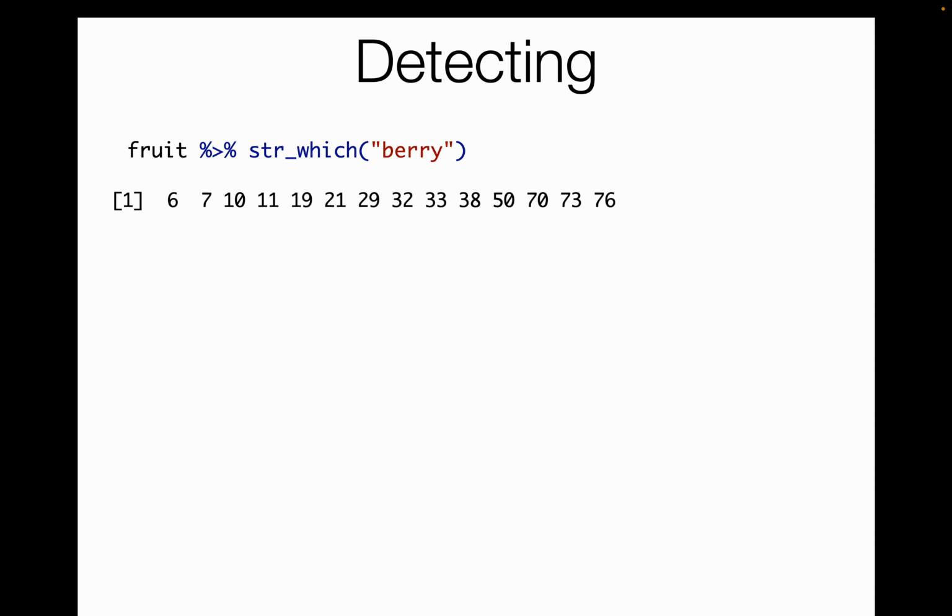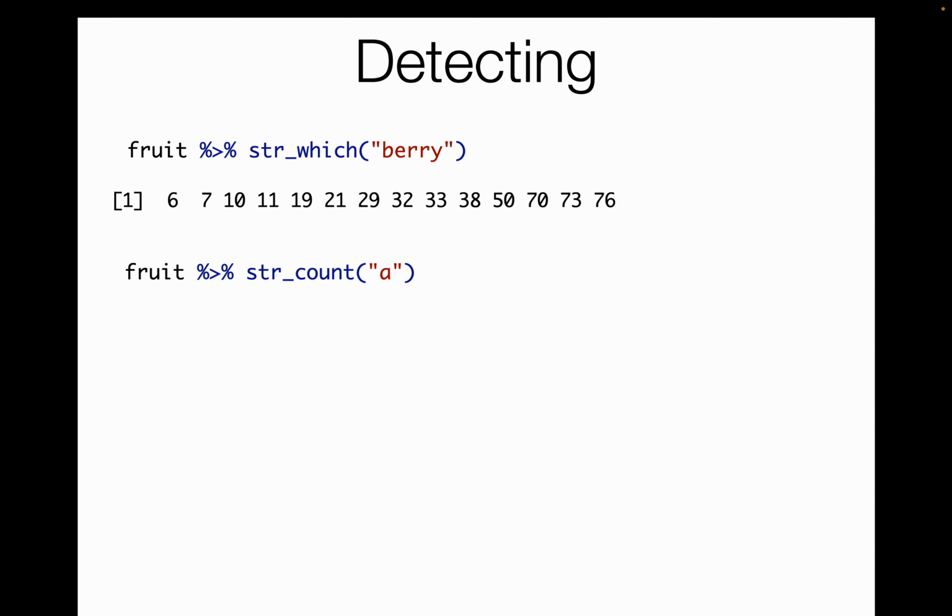We got the actual elements. This can be helpful if you want to subset. If I wanted to find the actual names of things that have berry in them, I could use this to find the indices and then use my knowledge of subsetting to subset.